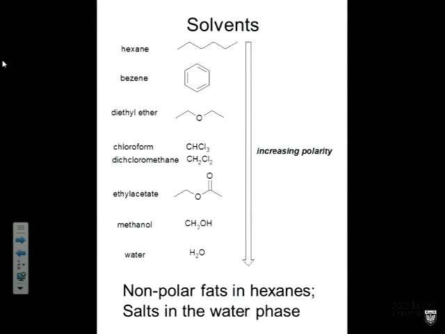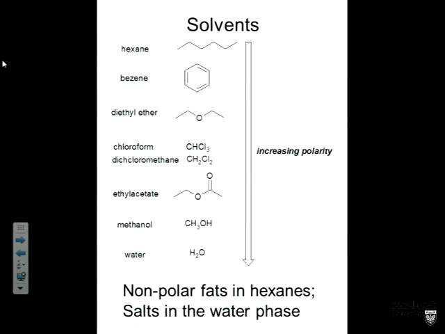Esters, like ethyl acetate, are a bit more polar. And we talked before the break about how an alcohol is much more polar even than an ether, because we have all these polar carbon-oxygen and oxygen-hydrogen bonds, and then water is about the most polar solvent in the series.